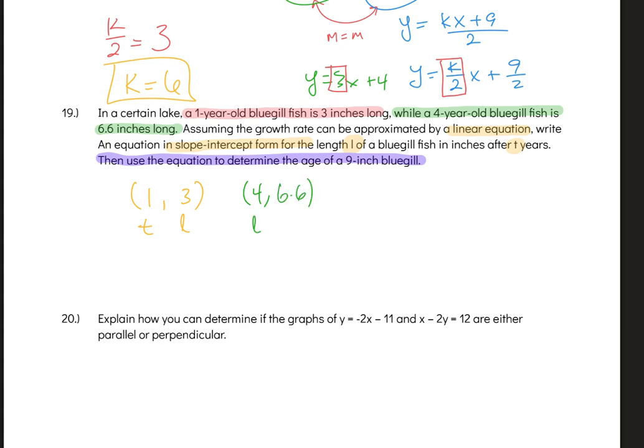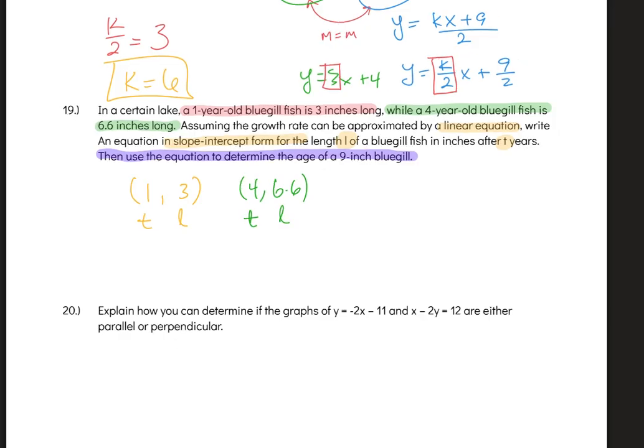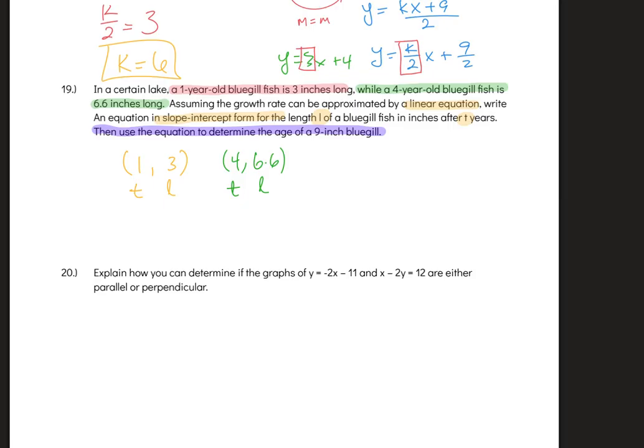And again, this is T, this is L, okay? So basically, we're going to find a slope from this information. 6.6 minus 3 over 4 minus 1. Well, this is 3.6 over 3. So our slope is 1.2.